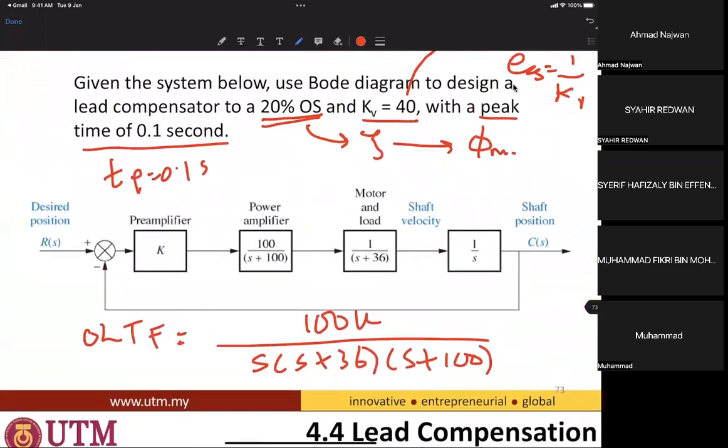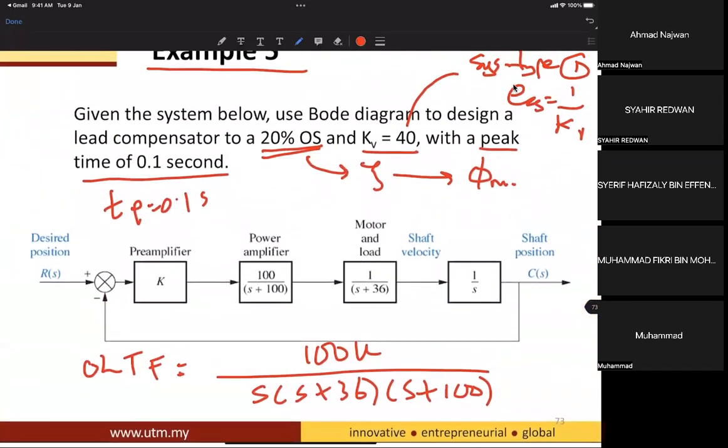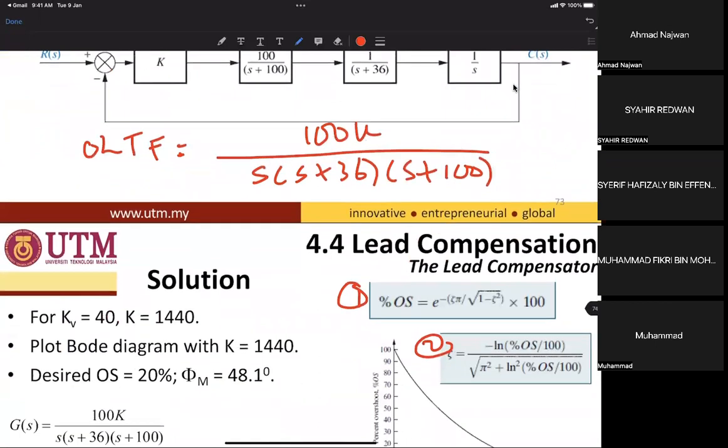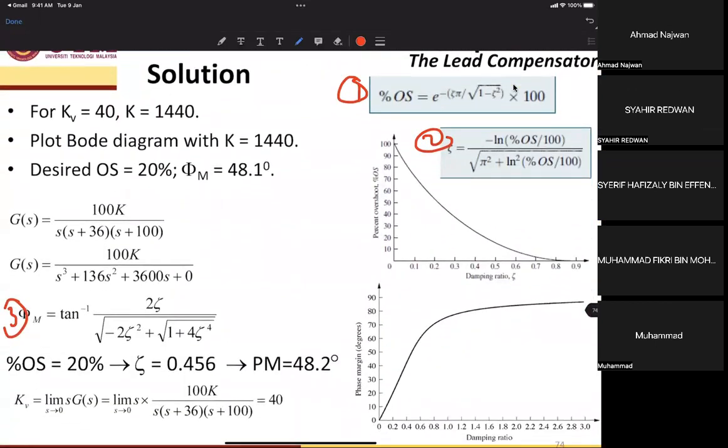Can I ask which is more accurate between the formula and the graph? Of course the formula is more accurate, but if you want to work fast, you use the standard graph, but you must have a ruler.